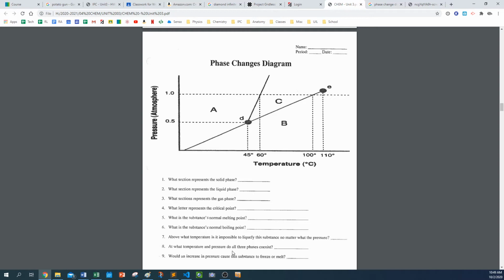Above what temperature is it impossible to liquefy the substance, no matter the pressure?